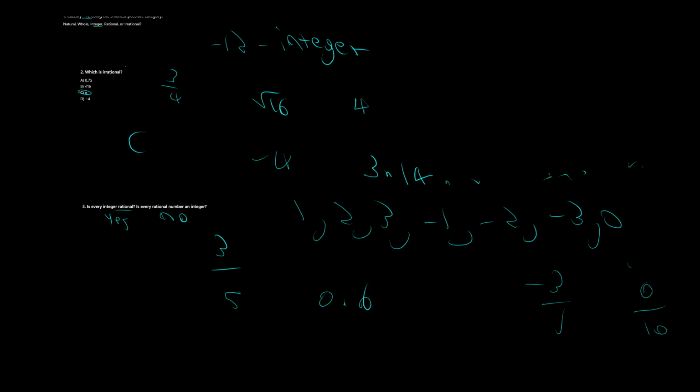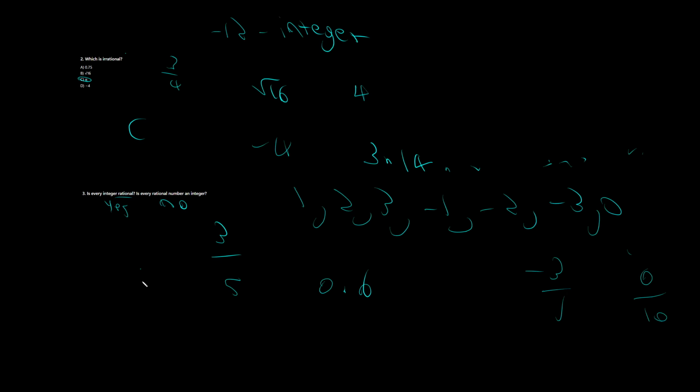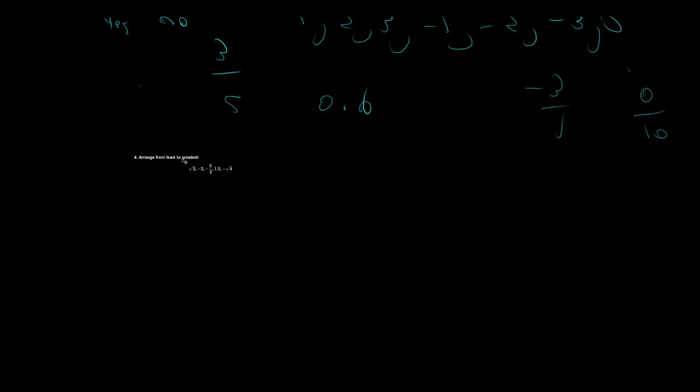Arrange from greatest to least. We're going to have the square root of 3 first. Instead of using a calculator, I want to approximate that. We know the square root of 1 is 1, and the square root of 4 is 2, so it's going to be in between: greater than 1, but less than 2.